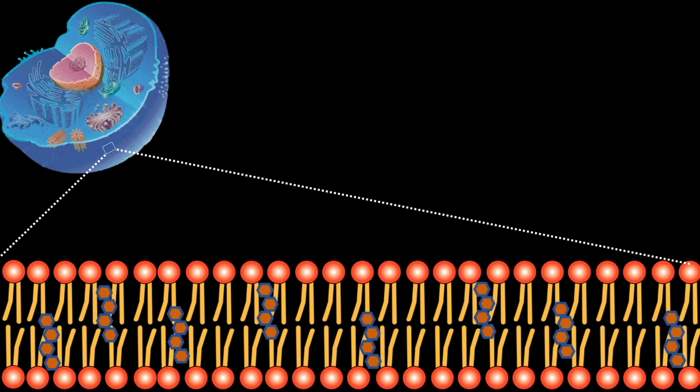Okay. I had mentioned that fats actually make the outer layer of our cell membrane. And here's why. If we take a look at a cell and we zoom in on the skin of that cell, if you will, we will see that the cell membrane is actually made up of phospholipids, okay?